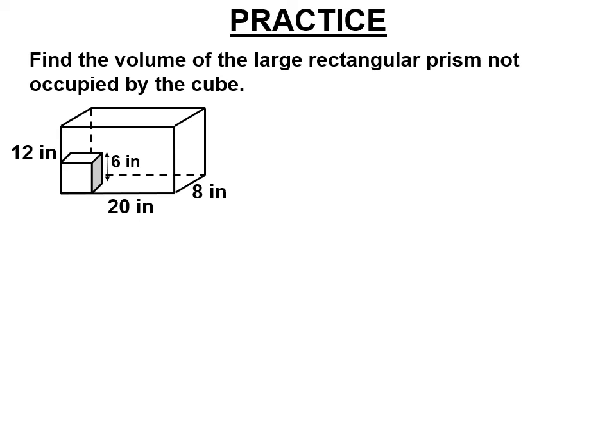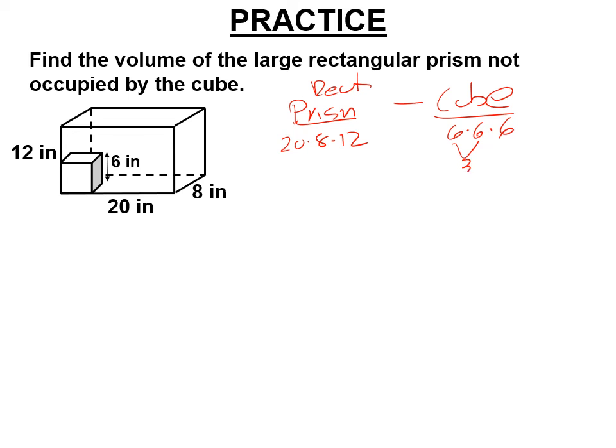Find the volume of the large rectangular prism not occupied by the cube, right? So it's the rectangular prism minus the cube. Right, so the rectangular prism is 20 times 8 times 12. And the cube is 6 times 6 times 6. Well, 6 times 6 is 36, and 36 times 6 is 216.